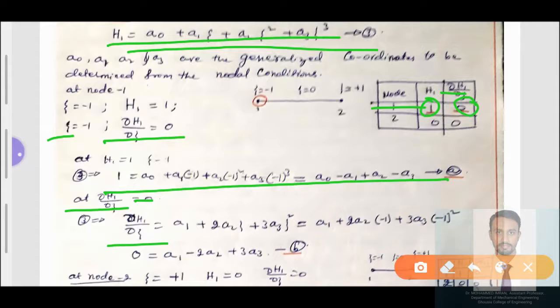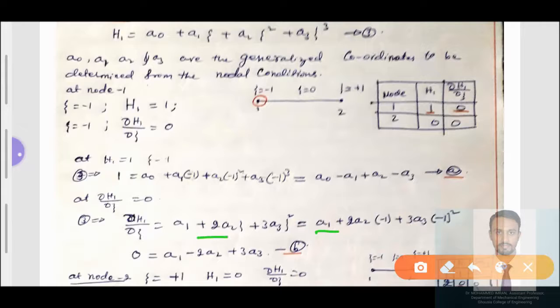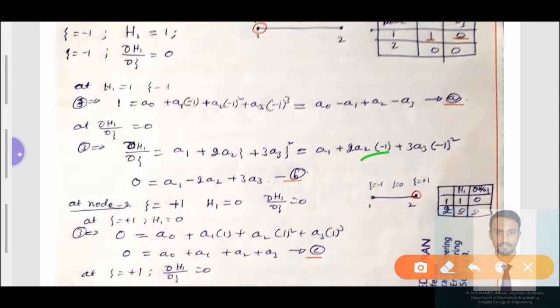Then we can easily apply this second boundary condition with respect to the slope. So ∂h1/∂zeta is equal to 0: differentiation of zeta is 1, so a1 zeta becomes a1; differentiation of zeta squared is 2 zeta, so a2 zeta squared becomes 2a2 zeta; differentiation of zeta cubed is 3 zeta squared, so a3 zeta cubed becomes 3a3 zeta squared. Then we rearrange: a1 plus 2a2 zeta plus 3a3 zeta squared at node number 1, where zeta is -1. Substituting, (-1) squared is plus 1 and the middle term remains -1.